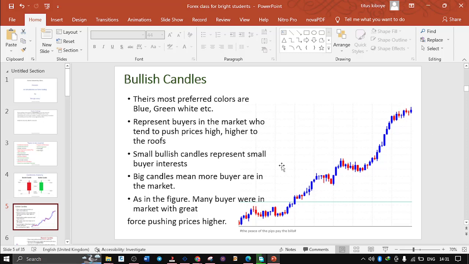Small bullish candles represent small buyer interest, while big candles mean more buyers are in the market, pushing prices higher with great force.